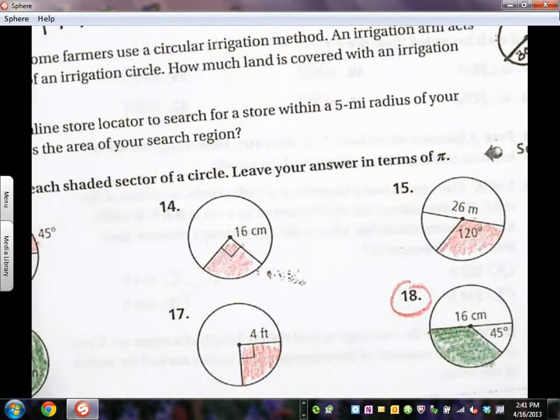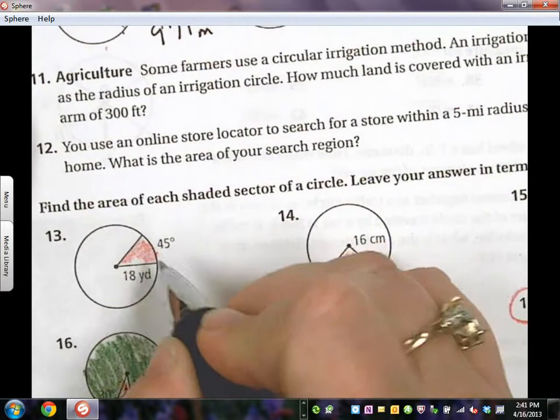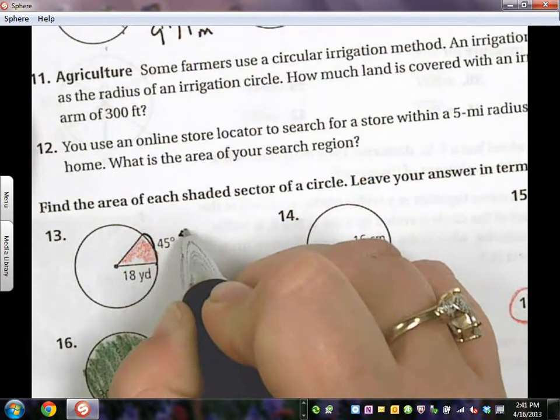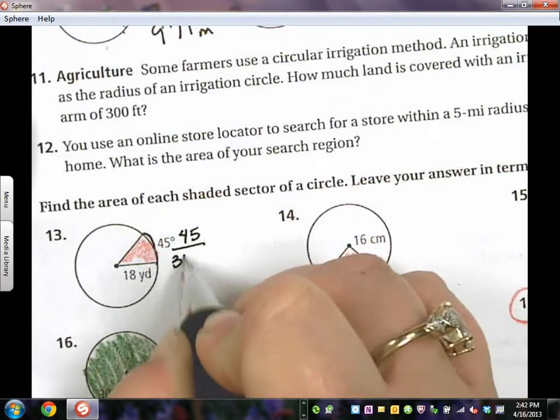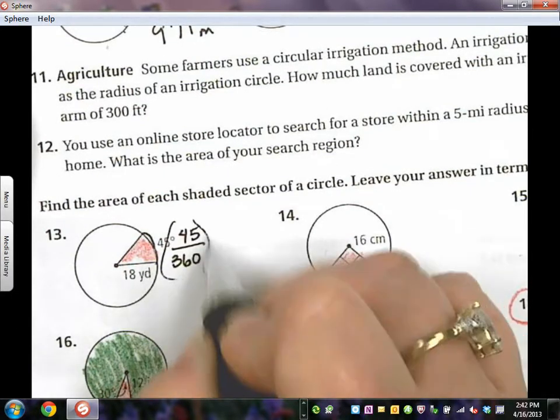Let's look at these. I'll do 13 and then we'll do 18, because they're all going to be similar to that. First of all, how do I do the sector? Remember, you take the arc that you want out of 360. So the arc here is 45, and it's 360. It's a whole circle. That's kind of the percentage.